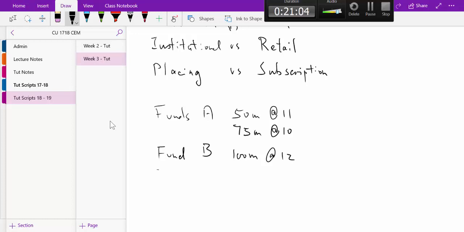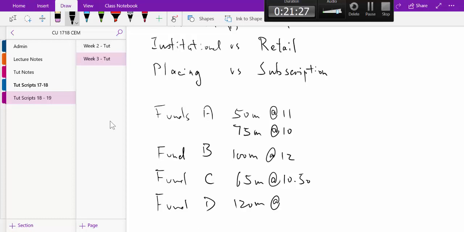Okay, so you got Fund C. Maybe they want to buy 65 million, and they want to buy that at, let's say, 10.50, and so on and so forth. Okay, and Fund D maybe wants to buy 120 million shares at $11.